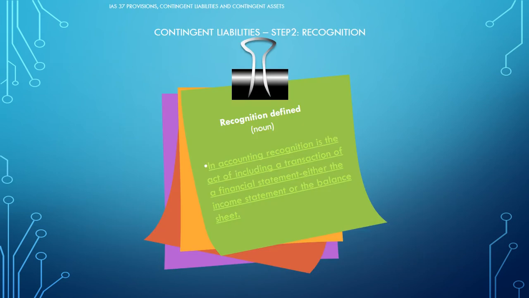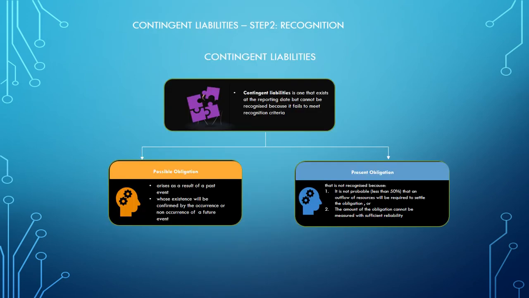Okay, so let's talk about recognition a little bit. Recognition is quite simple. It's just the act of including a transaction in our financial statements. And when we look at recognition of a contingent liability, we can see it's something that exists at a reporting date, but may not be recognized because it does not meet all recognition criteria.